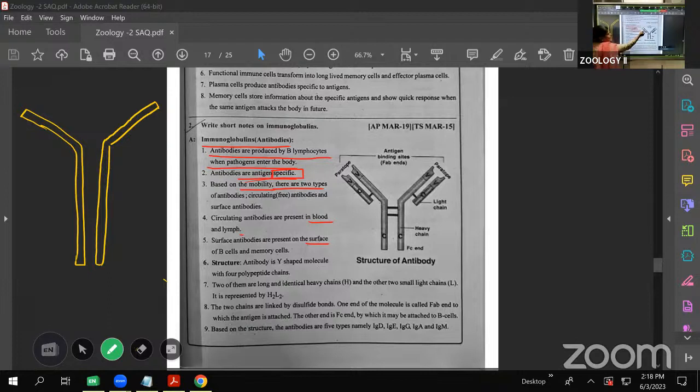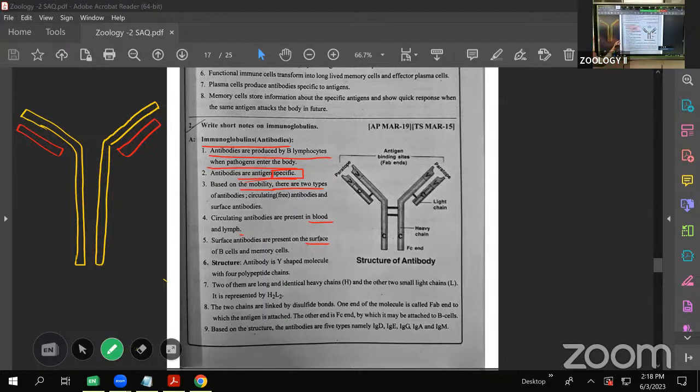Next, again two are there. They are called the short chains. This one is the short chain, which is called the light chains. Short means that's why they are called short chains. These two light chains are also called short chains, and the others are the long chains.